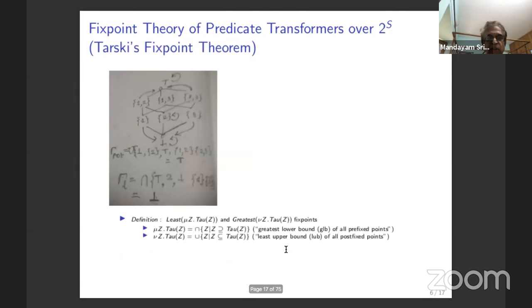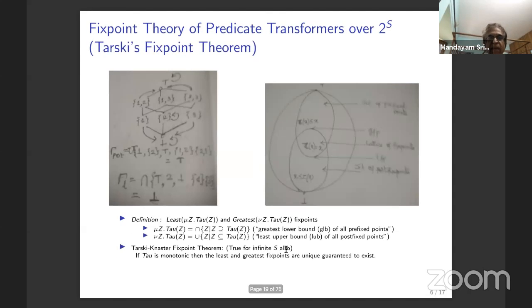So this picture gives you all the prefix points here and all the post-fixed points.